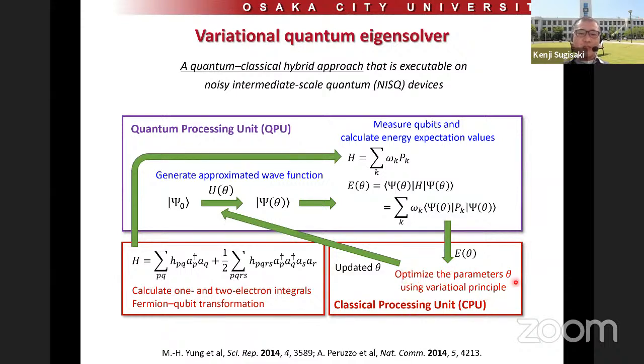And the classical computer performs the variational optimization of the parameters. In VQE, the quantum computer executes the parameterized quantum circuit to generate the correlated wave function.